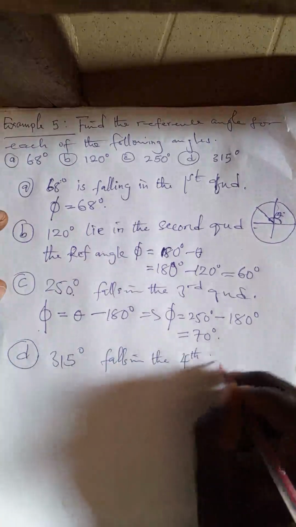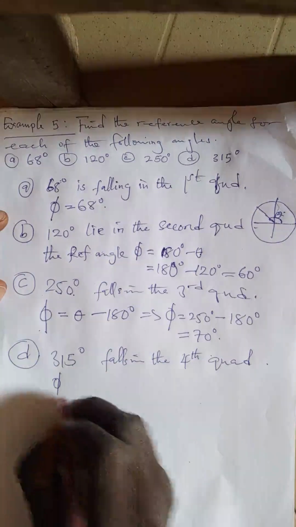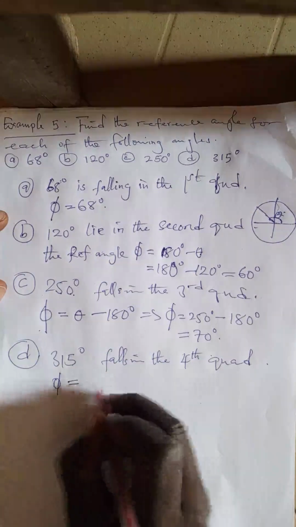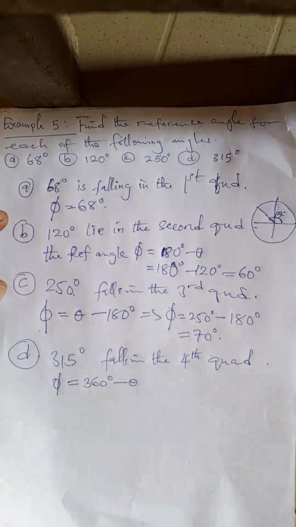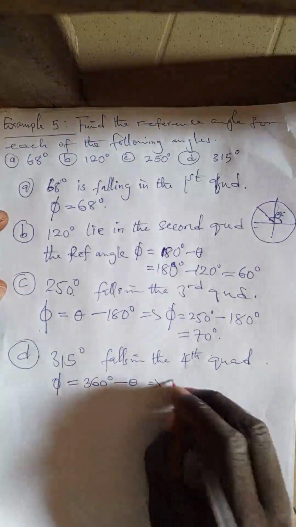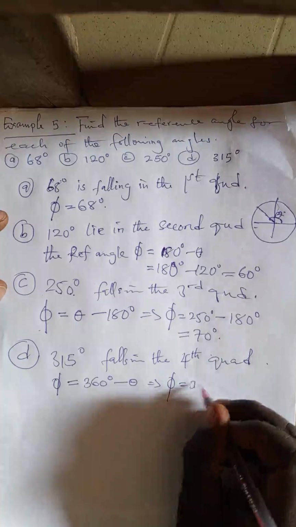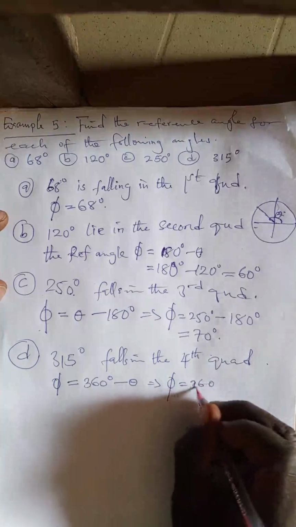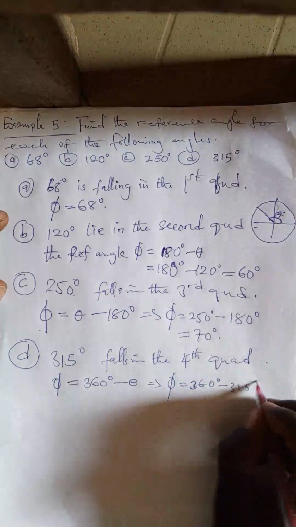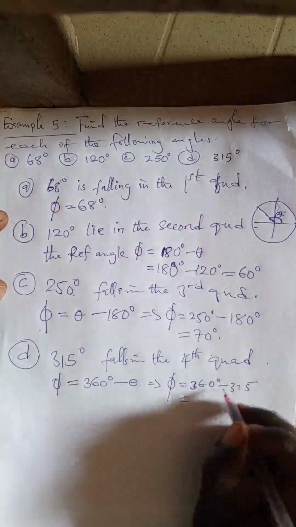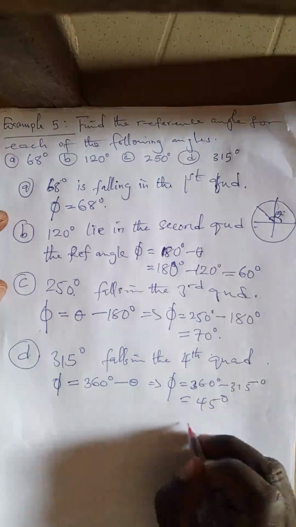And so the reference angle phi in the fourth quadrant is equal to 360 degrees minus the given angle theta. The given angle is 315. So phi is equal to 360 degrees minus 315 degrees, and the answer is going to be 45 degrees.